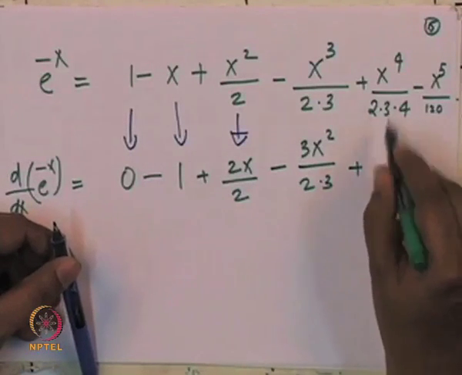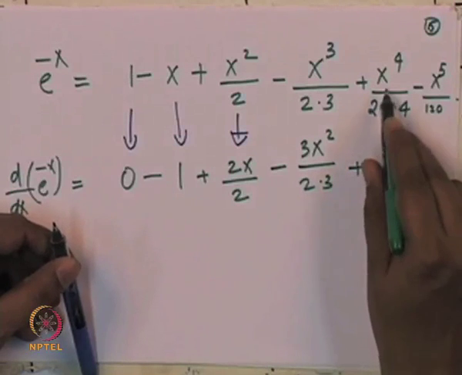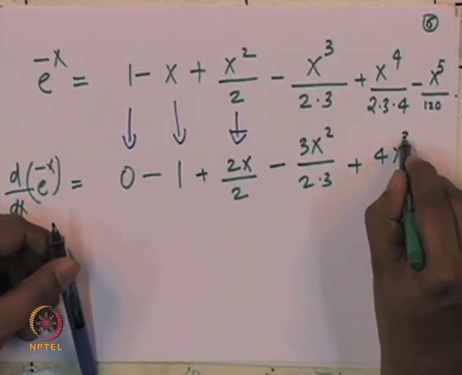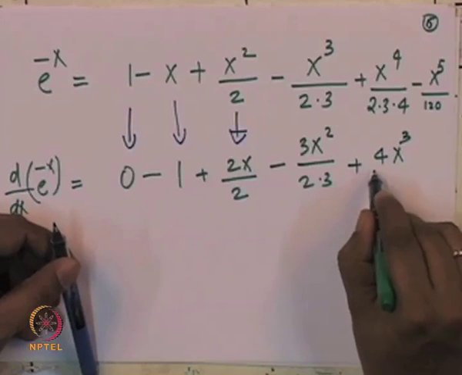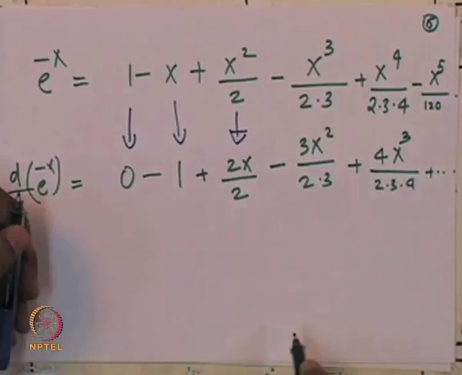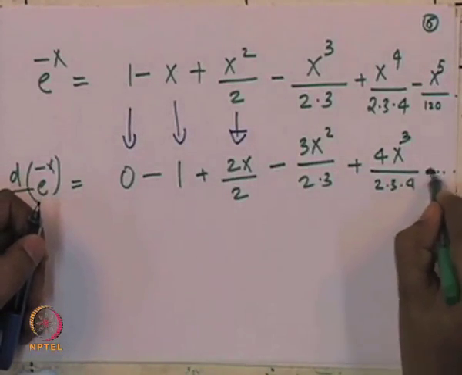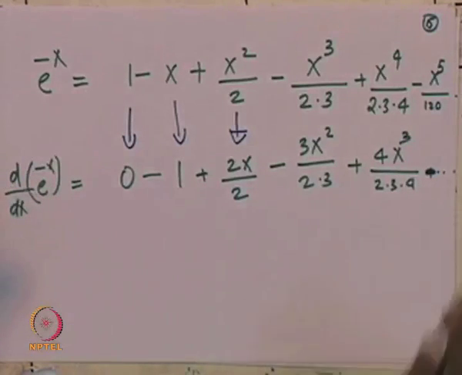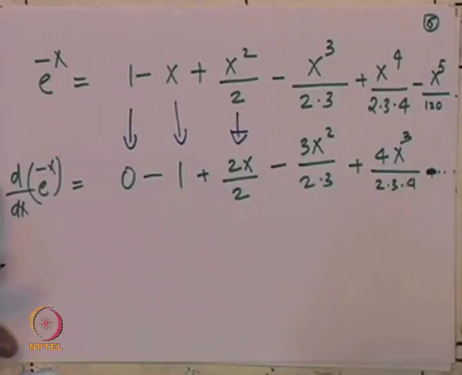Plus the derivative of x power 4, which is 4 x power 4 minus 1, which is 3, divided by 2 into 3 into 4, and so on. Actually, the next term is minus. The plus and minus will keep repeating and the terms will continue.